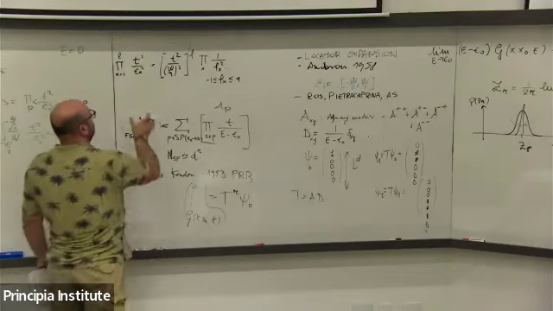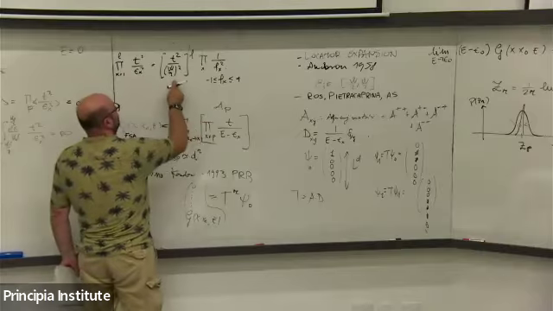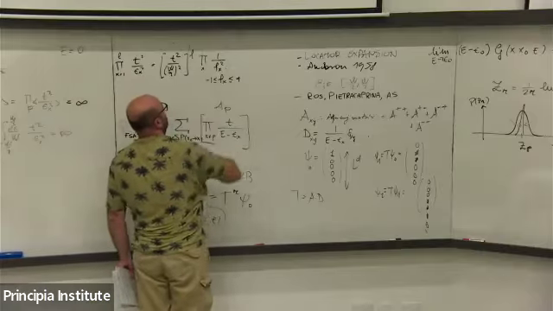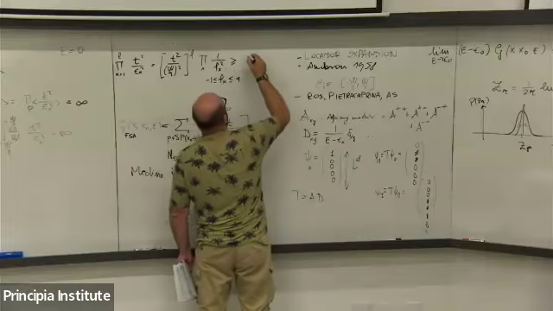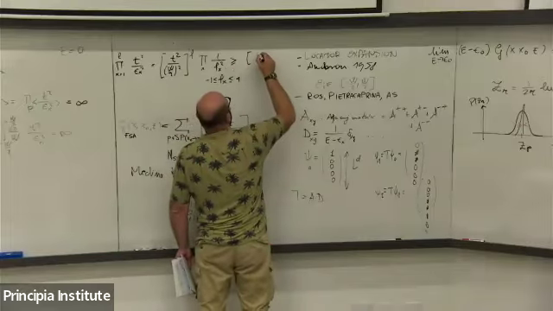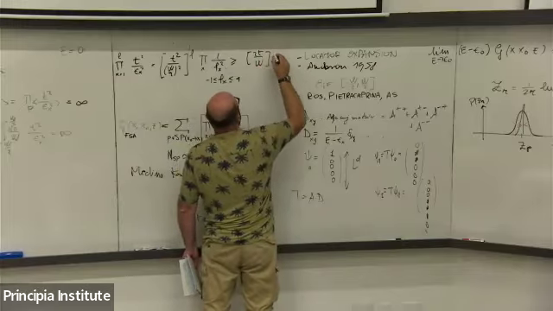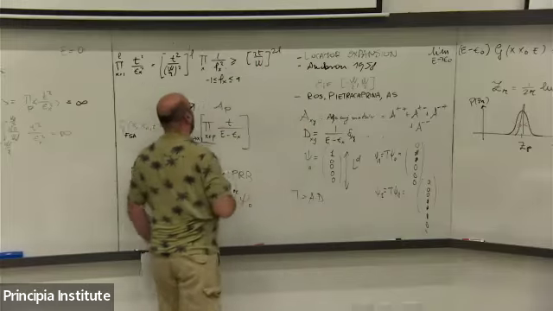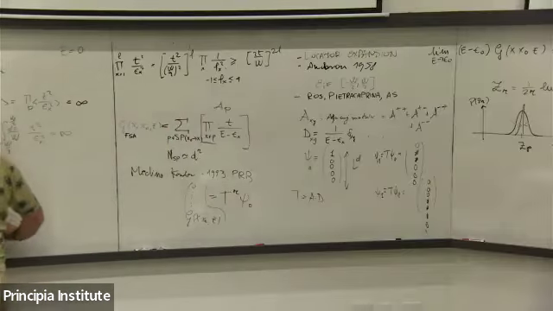So this product is always larger than this because these are always less than 1. So this is always larger or equal than 2t divided by w to the 2L. Very good. Now let's take the log as our friend suggested.